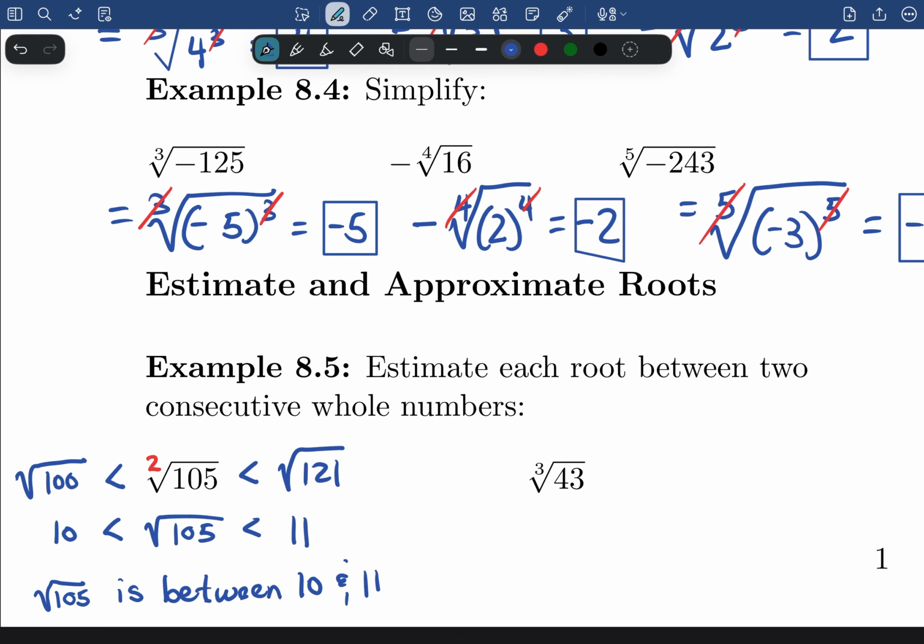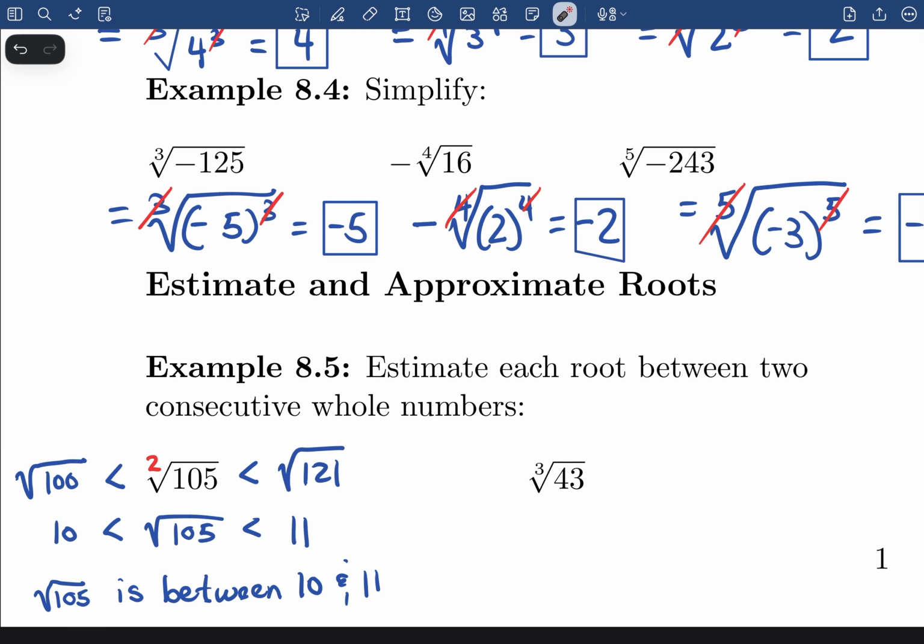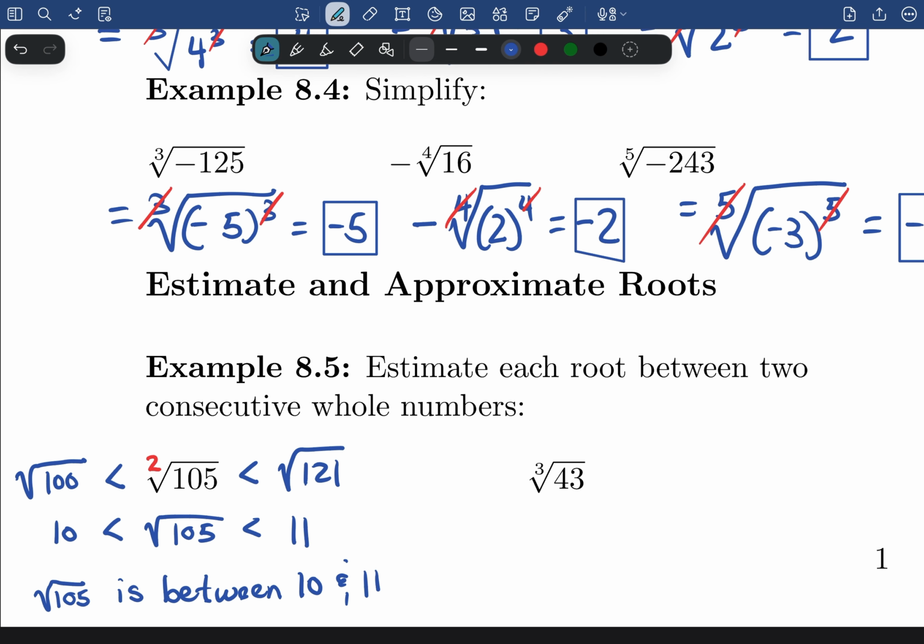Great. All right, well, let's try this exercise for cube roots, right? So here I have the cube root of 43. Can you think of two perfect cube values, one that's less than 43 and one that's more than 43? Okay, and so we've thought of it, and we thought, hey, the cube root of 27 is less than the cube root of 43, which is less than the cube root of 64.